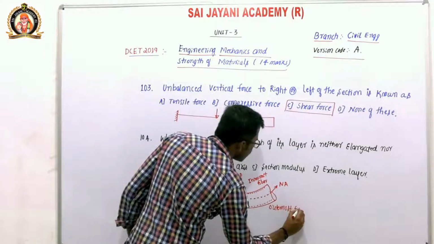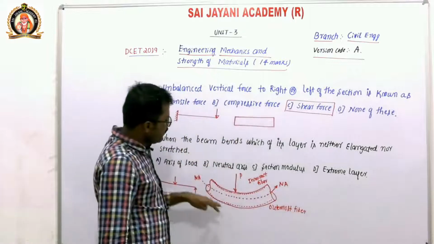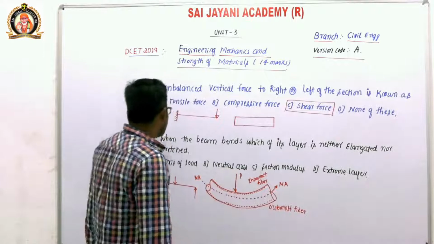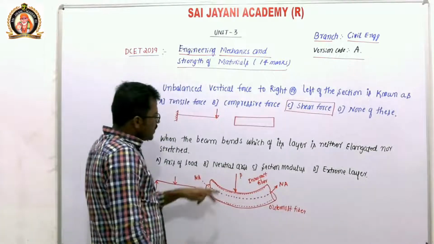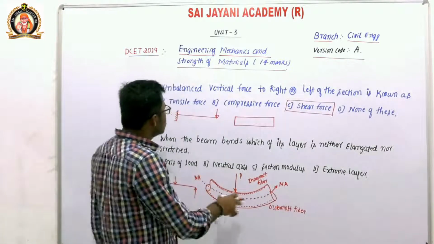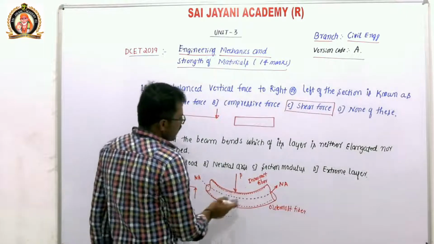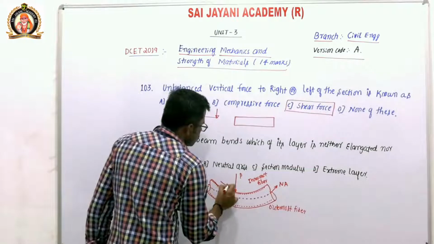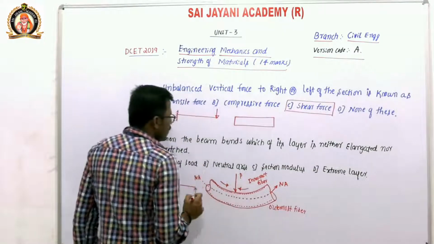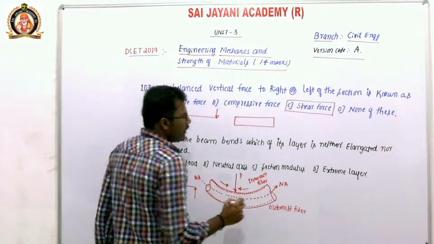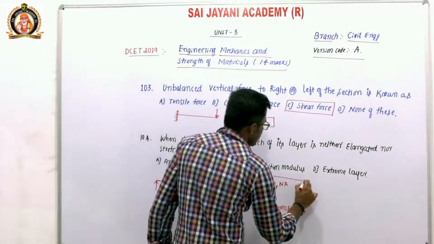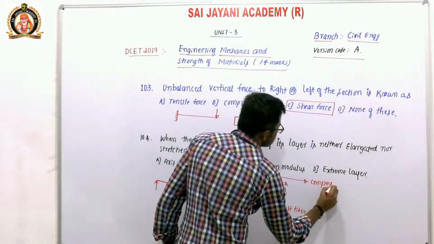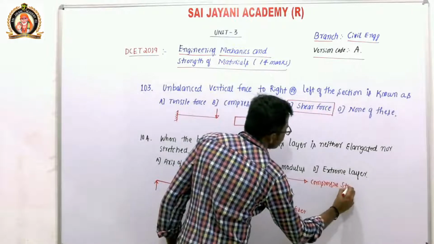Outermost fiber or extreme layer or outside fiber, inside fiber. When the beam is subjected to load which tries to bend the beam, then the inner fiber gets contracted. So getting contracted means compressive stress will be produced. In the innermost fiber, compressive stress is produced.